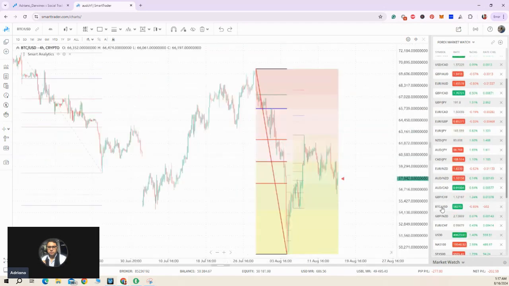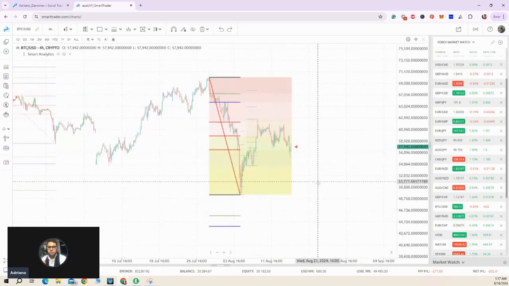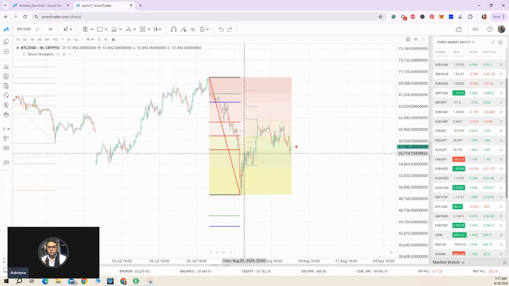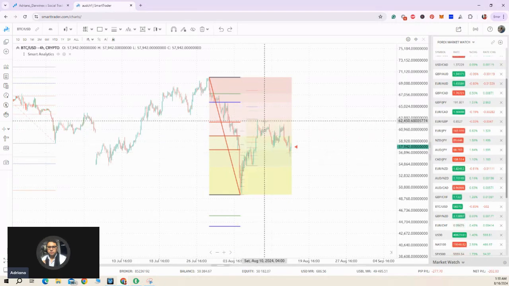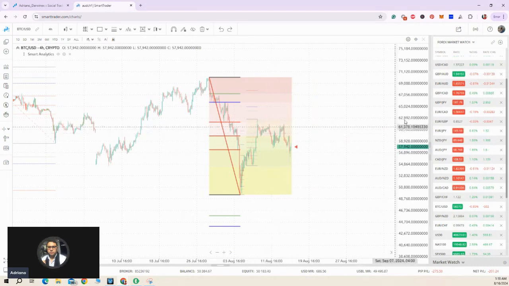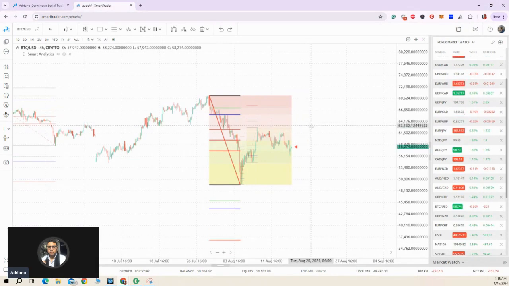BTC, it's moving down, so the trend is down on H4. The market already retraced to 61%, and then there is a chance that this market can come all the way back to 36,000. The market came back to 62.